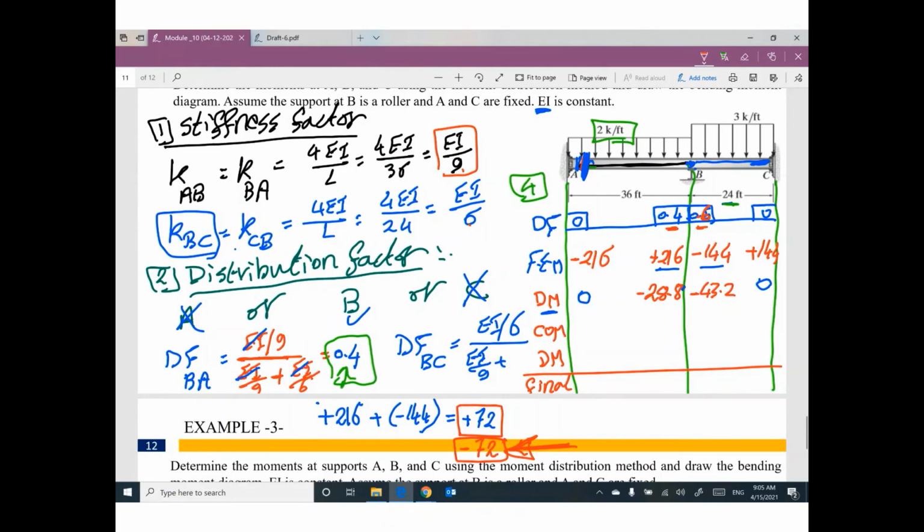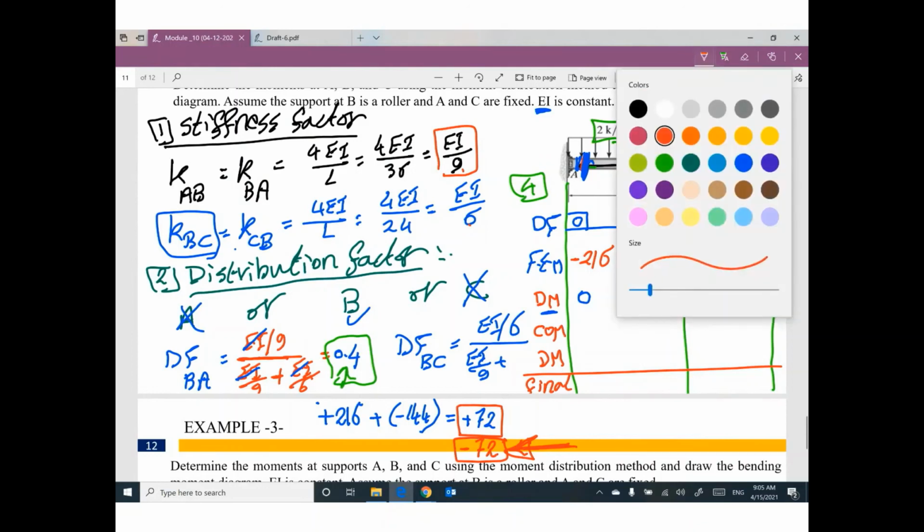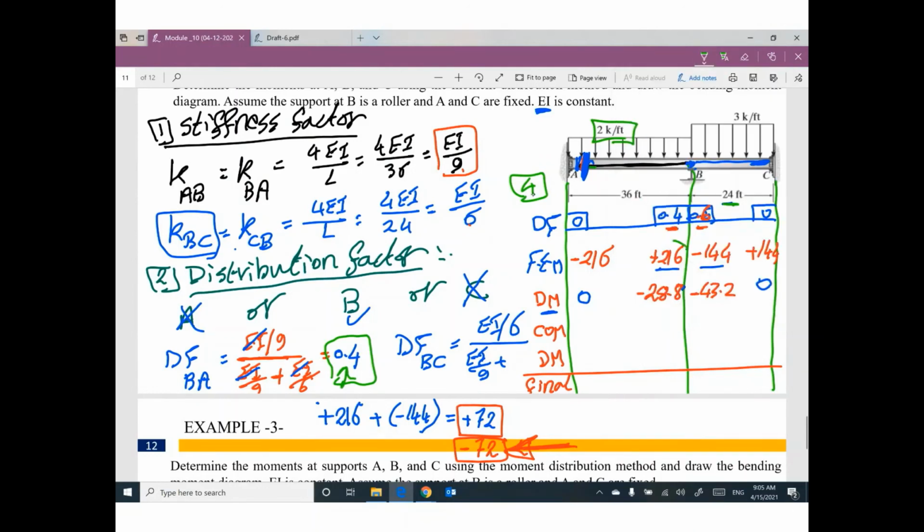One more time, how can I do the distribution moment? It's easy. Add this number to this number. Change the sign. If you have positive, make it negative. If you have negative, make it positive. Once you change the sign, multiply this value by this factor to get this value.